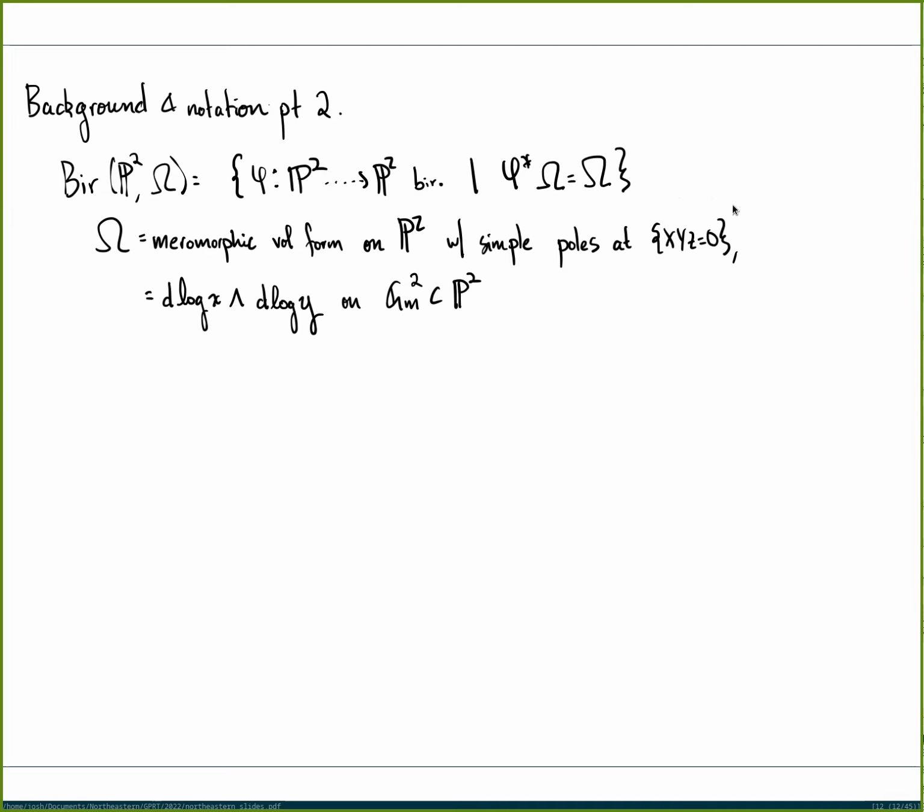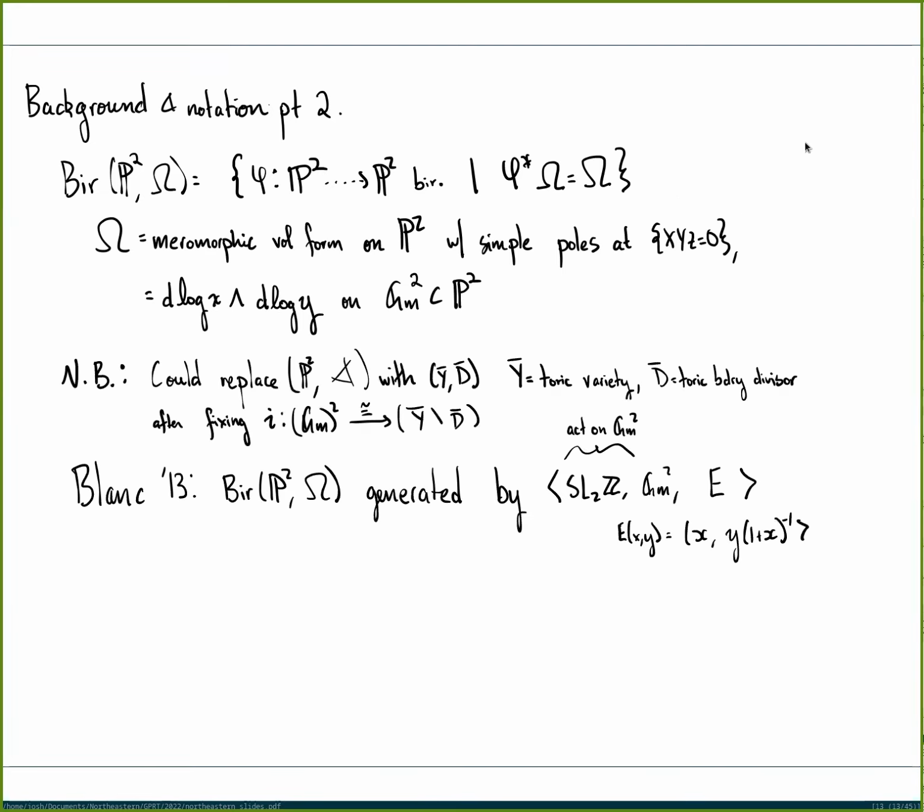One note here is that I started with some toric variety, this P^2 with its triangle of lines, but I could really have chosen any toric variety with any toric boundary divisor. This is just like the statement that any two toric varieties are birational. As soon as you fix the embedding of this G_m squared inside of the toric variety, then you have an honest equality.